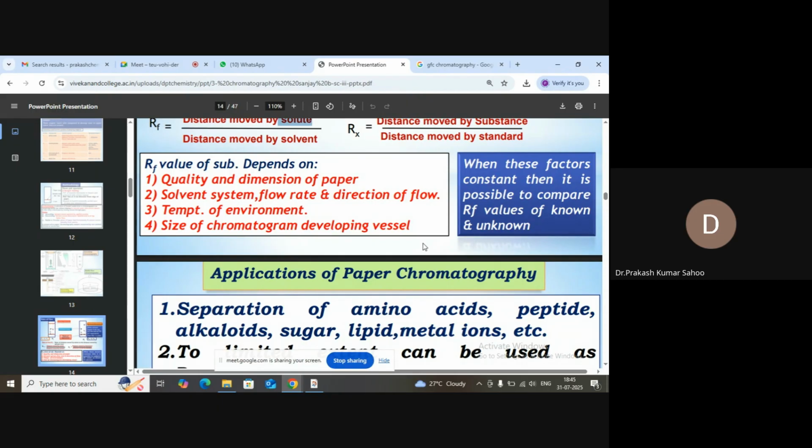If the direction is from bottom to top, it is said to be ascending, and if it is top to bottom, it is said to be descending. Temperature of the environment, size of chromatogram, developing vessel. This is known as chromatogram. When these factors are constant, then it is possible to compare retention factor values of known and unknown.